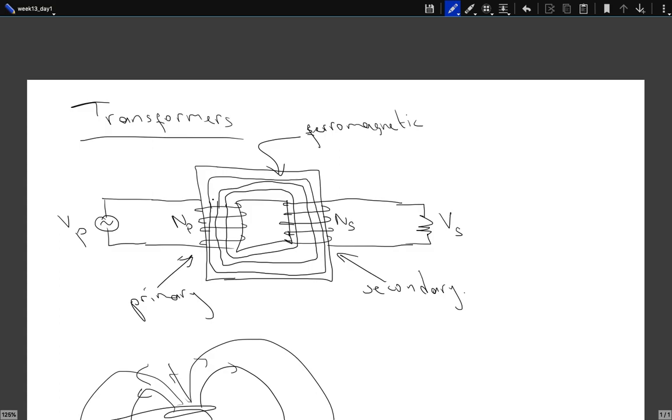So whatever magnetic field line is created by the primary coil, it passes through the secondary coil. And the flux passing through the secondary coil over the flux passing through the primary coil just becomes the ratio of the number of turns you have.